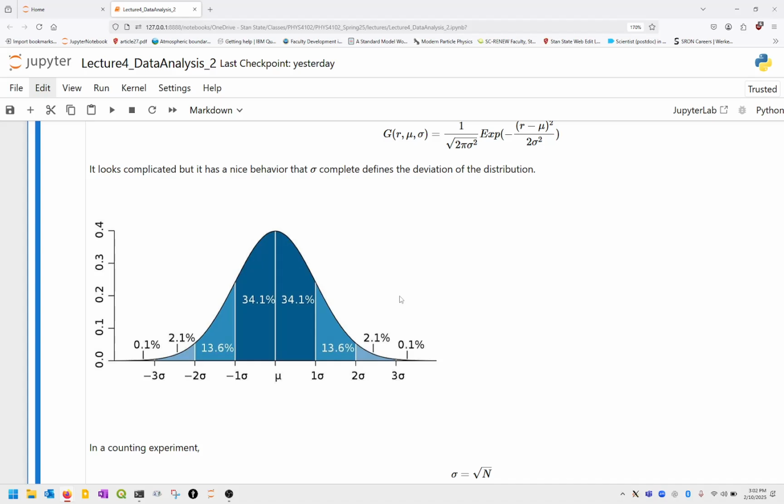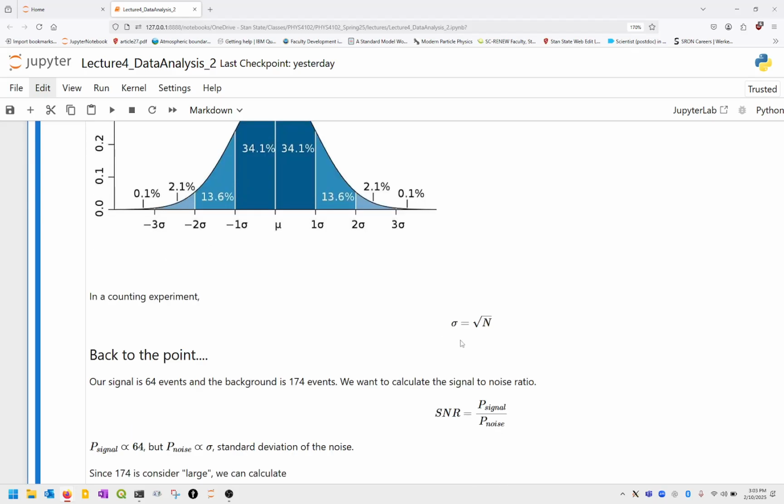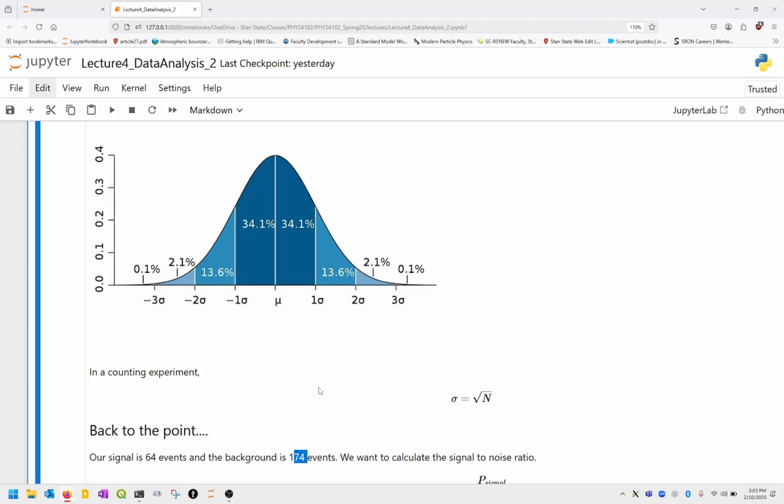And that's where that 68% comes from. If you go out further, you add another 13.6% to each side, you end up with about 95.